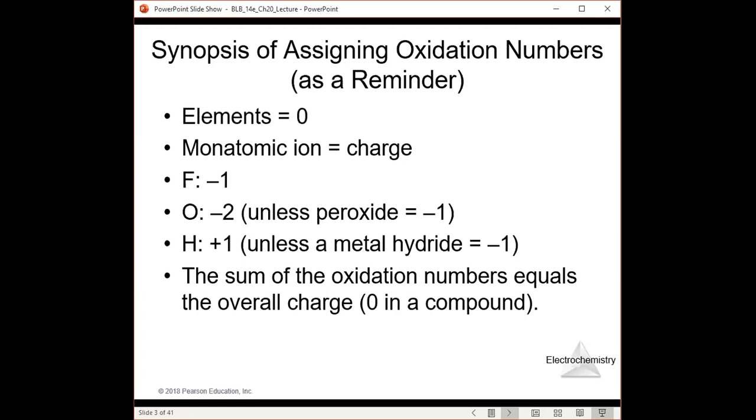It's usually -2, the charge that you see on your ionic charges chart. But if it's in a peroxide, oxygen is -1. When you talk about hydrogen, it is +1, unless it's a metal hydride, when you have a metal and a hydrogen after it, then it's -1. I am going to find some oxidation charts and post those for you so that you can understand how to balance those equations.